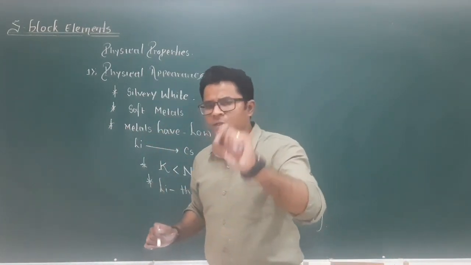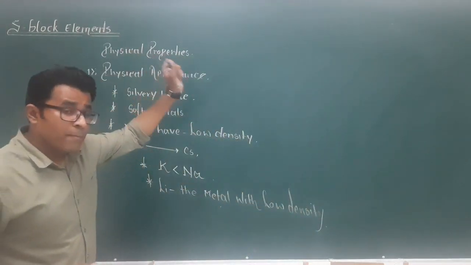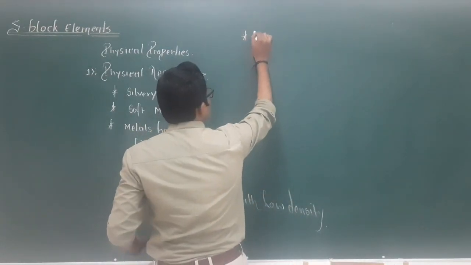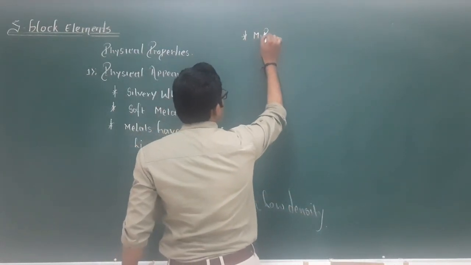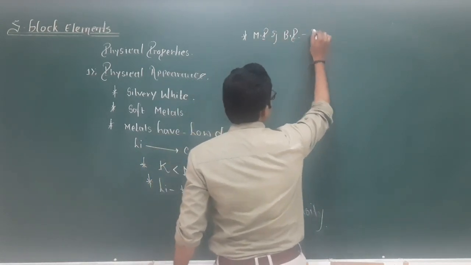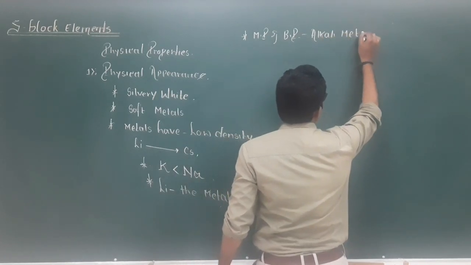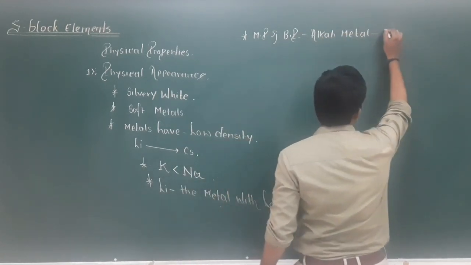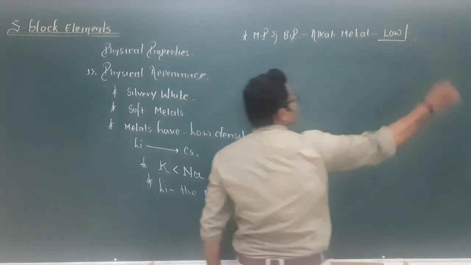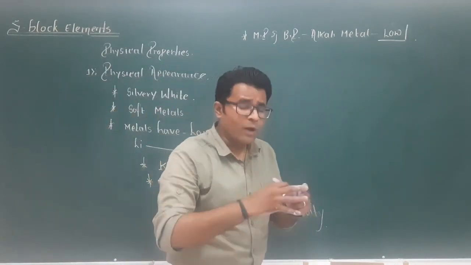Moving forward with one more important thing, when we take a look at the boiling point and melting point, what we find is that the boiling and melting points for alkali metals are very low. Why is it low, or what does it indicate?